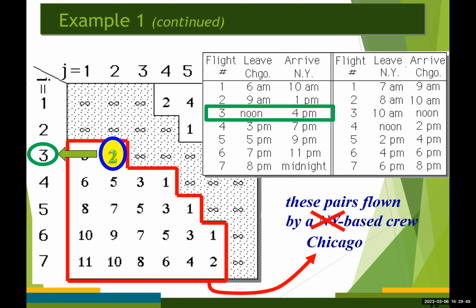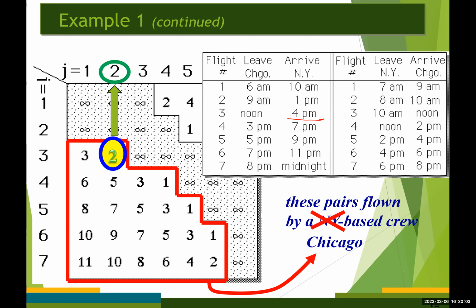Then he takes flight number 3 to New York, right? So he will arrive in New York at 4 o'clock in the afternoon, and then he will take flight number 2 at 8 o'clock the next morning, right?